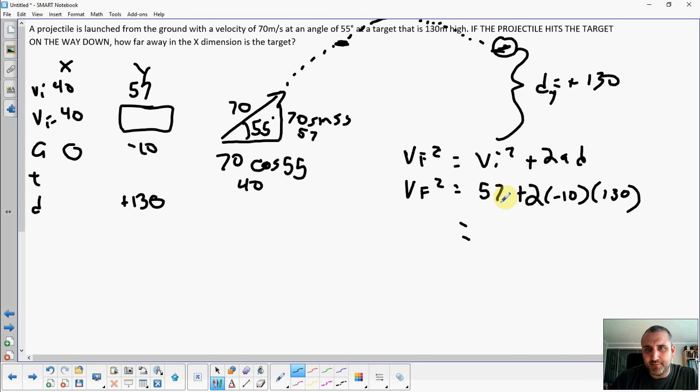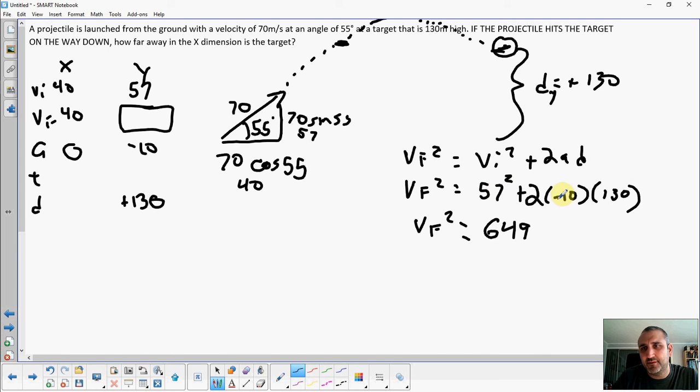Now, this gets to be a very, very big number. But if you do 57 squared plus 2 times negative 10 times 130, you should end up with Vf squared equaling 649.